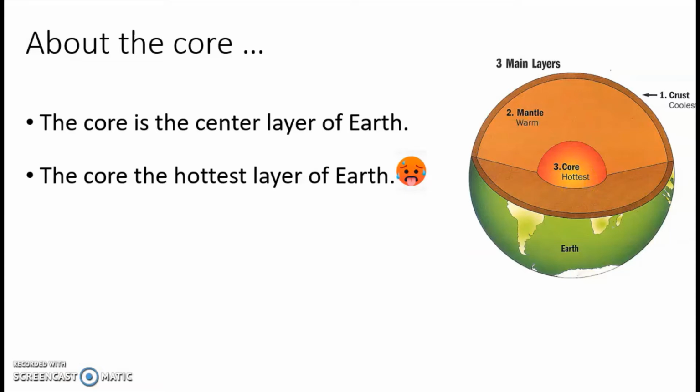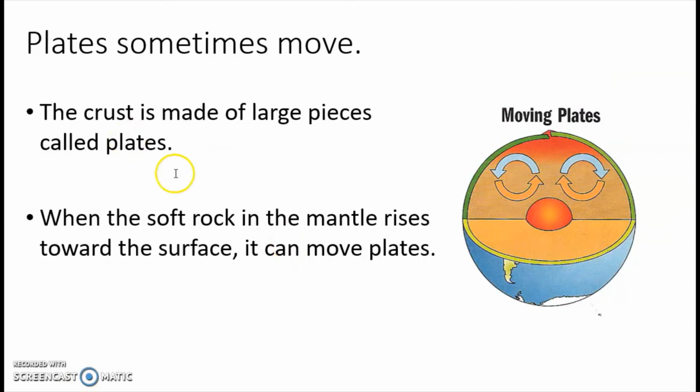Okay, so let's talk about moving plates. Remember, we talked about that? The crust is made of large pieces called plates. Remember? Here they are. These are parts of the crust and they move sometimes.